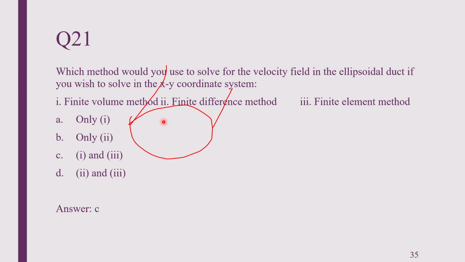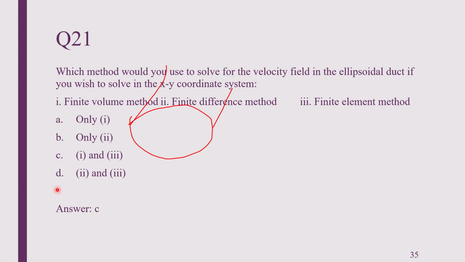Rather, in the finite difference method, as we have seen, we would be jumping from one position to the other, in which case discretization of this particular domain is not possible in the xy coordinate system. If we change the coordinate system, we can use r theta z and so on. But in the xy coordinate system, it is not possible to use the finite difference approach, and so options 1 and 3 are the only right statements.